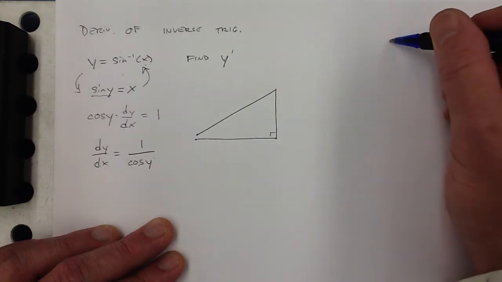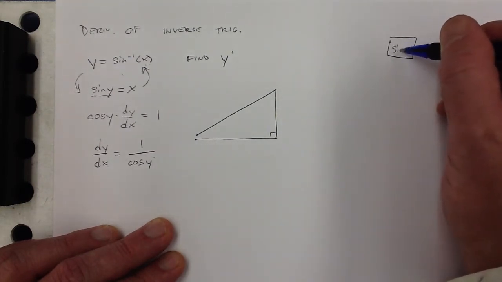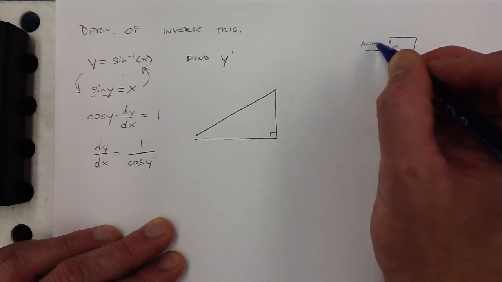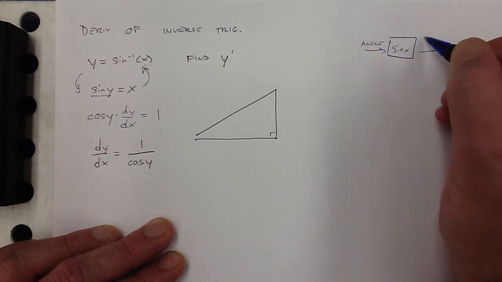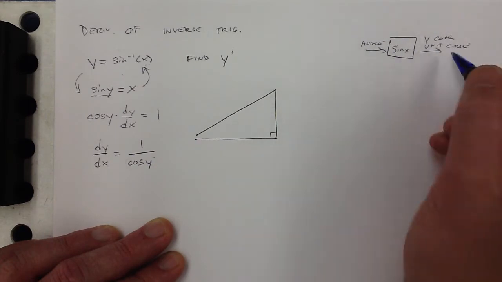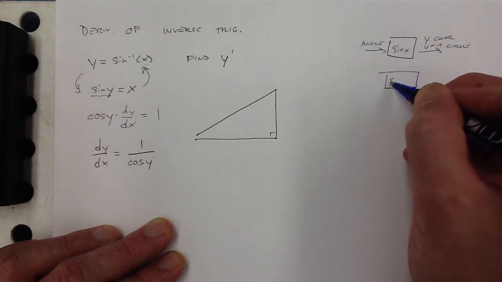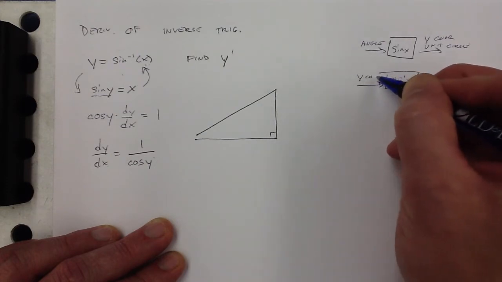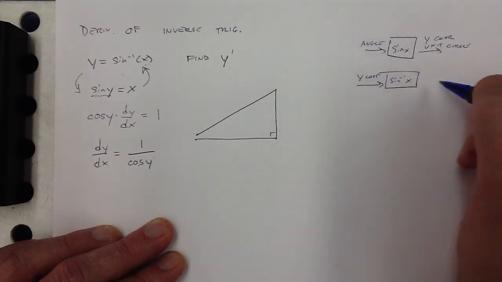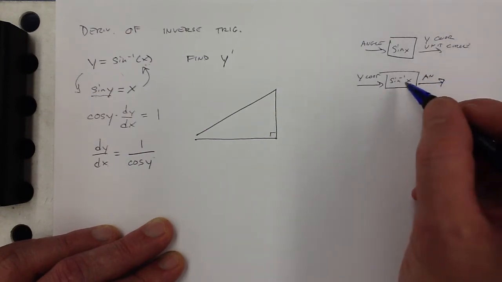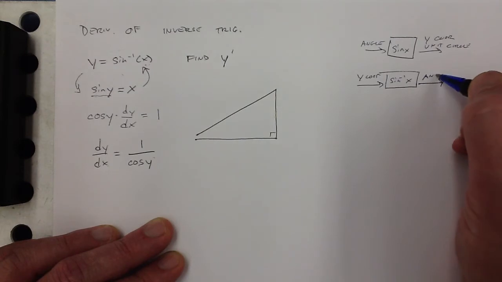You could think back to our little diagrams. Here's the sine function. You put in an angle, and you get the y-coordinate from the unit circle, right? Well, the sine inverse function does the opposite. So sine inverse, you put in a y-coordinate, and you get out the angle. So that means sine inverse of x is an angle, right?